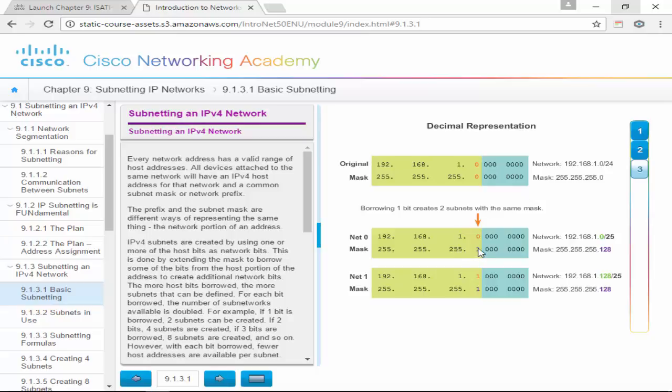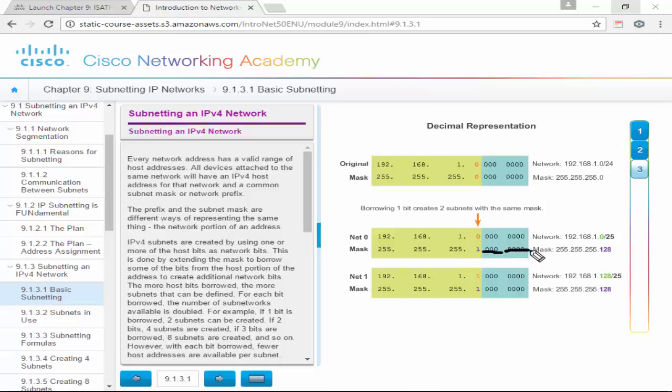Now we can start using 1, so this is actually a /25 because we're borrowing 1 bit to make more networks and have fewer hosts. So we just lost a host bit and gained a network bit, so we're going to have fewer hosts and more networks. Our host bits tell us how many hosts are on the network.